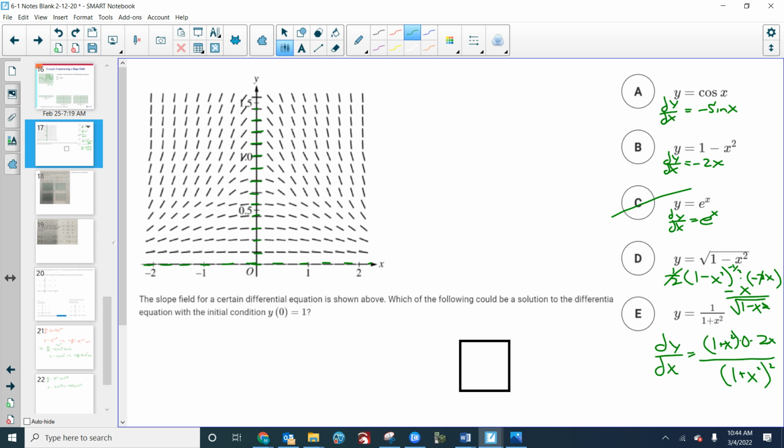So when x is positive, the slopes are negative. Let's narrow that down right now. That's out, and we're looking at the green right now. That's out.